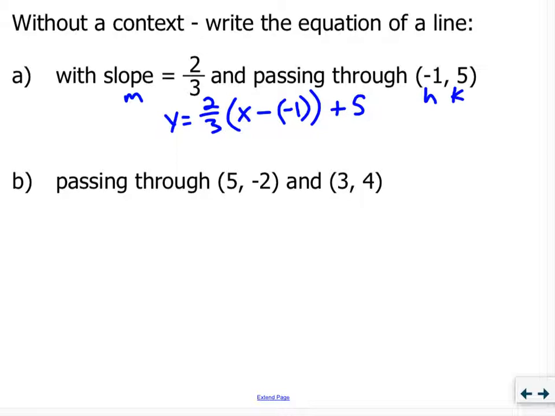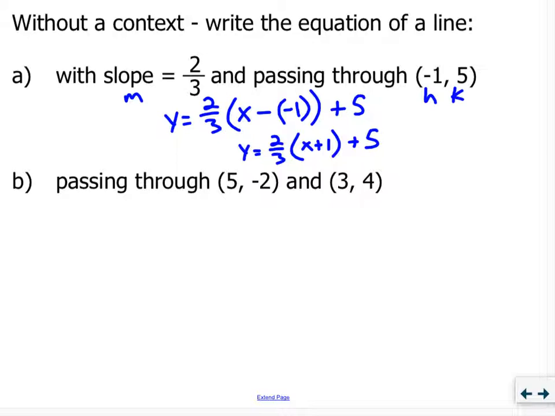So if I want to clean this up a little bit, in parentheses, x subtract -1 becomes x plus 1. Plus 5 at the end. So notice that when I subtract my h value, I'm subtracting, in this case, a negative, and you can do your old keep, change, and make it positive.